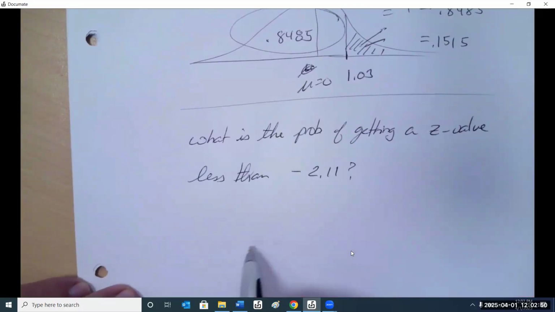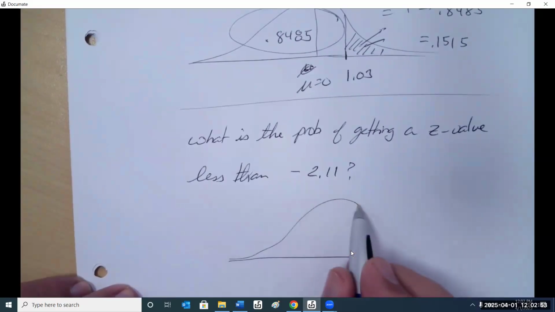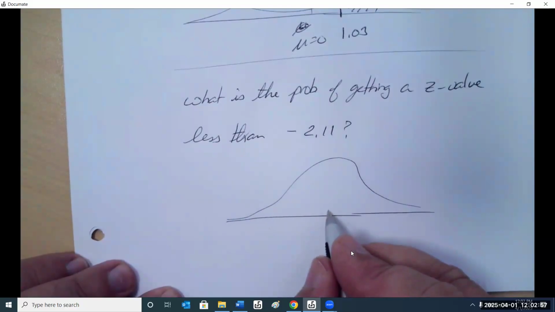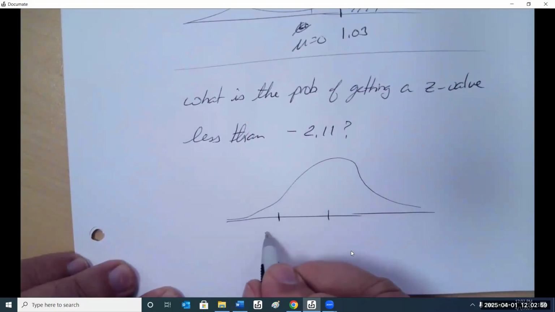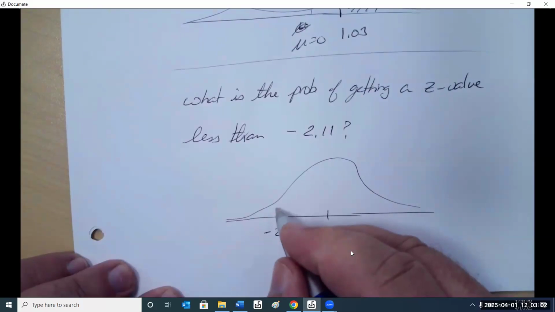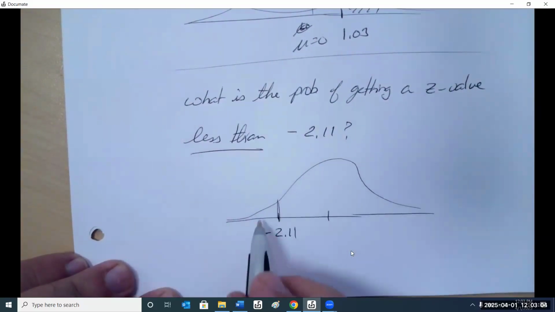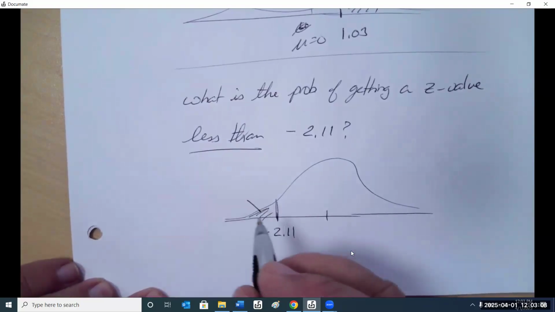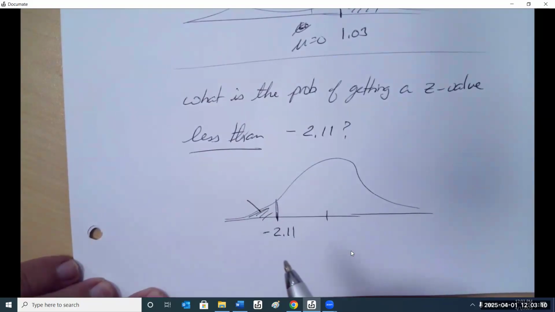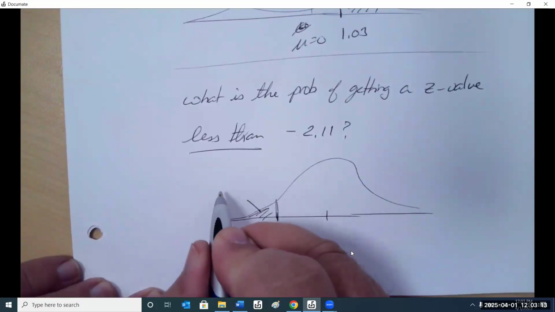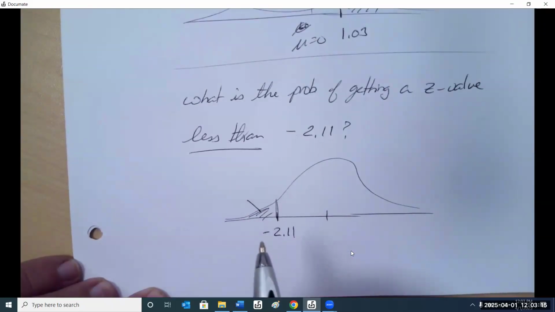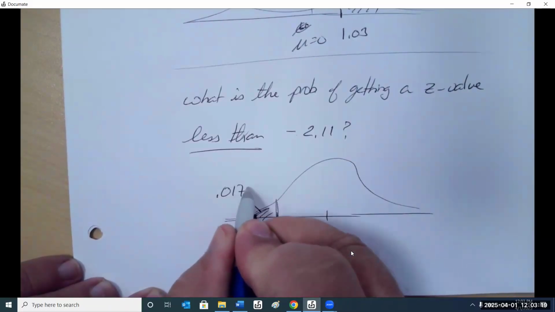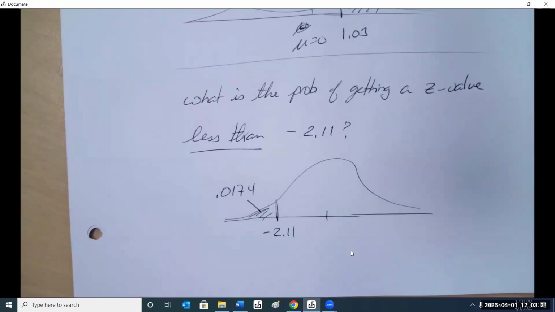So if we look at our picture, negative is to the left of the mean. So negative 2.11. I want less than, so I'm looking to the left of it. So what area is that? 0.0174.